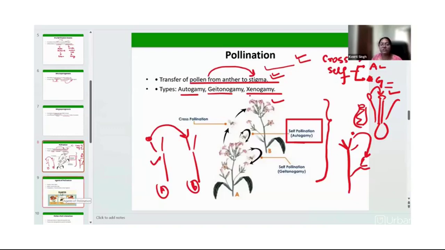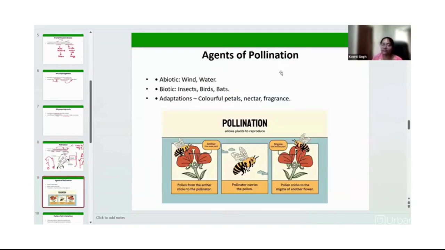Okay. So for this process, some agents are involved. These agents may be classified into two, for example, abiotic and biotic. Biotic, of course, means the living ones, and abiotic means the non-living ones, meaning wind and water. Okay. And biotic means insects, birds, and bats. This picture is a beautiful representation of how this pollination is happening.